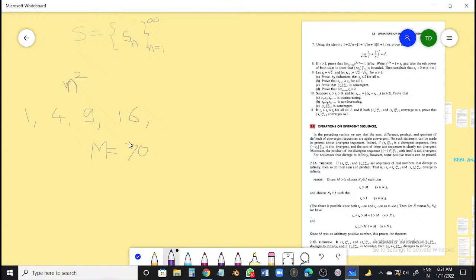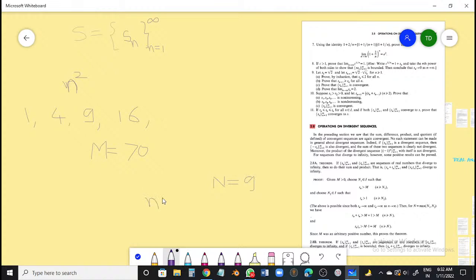So if I talk about 70, 9 square is surely greater than 70. So if I take capital N equal to 9, what do I observe?